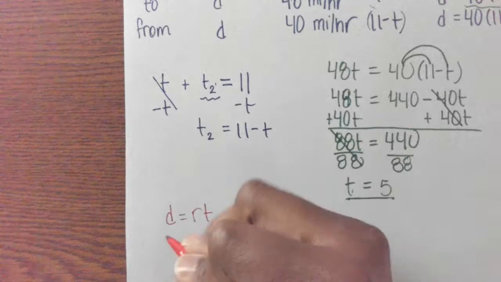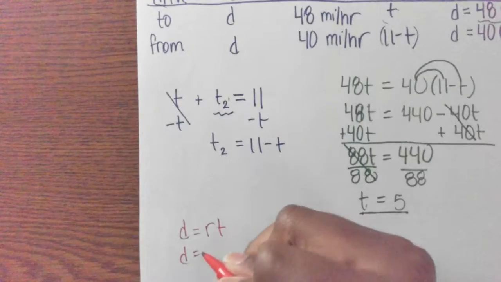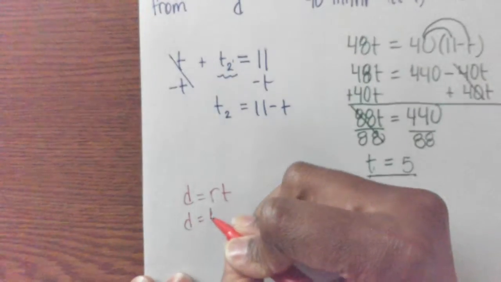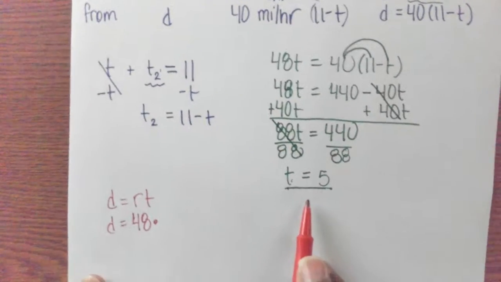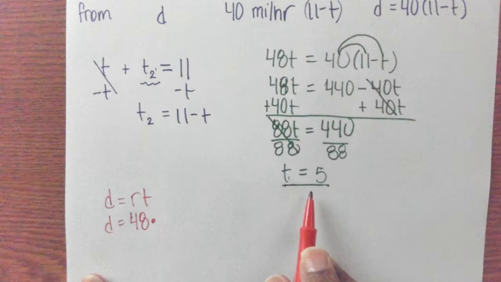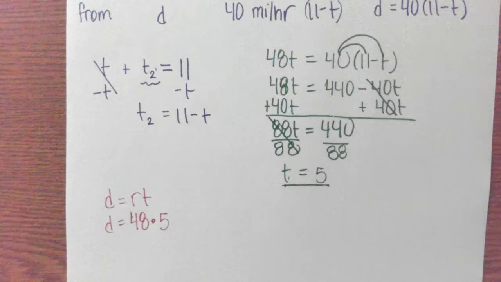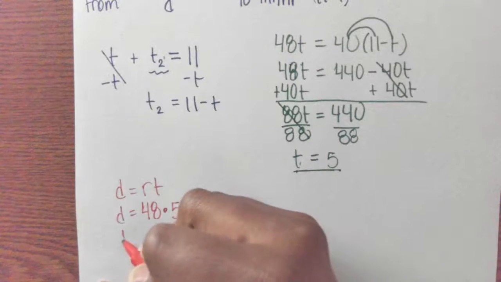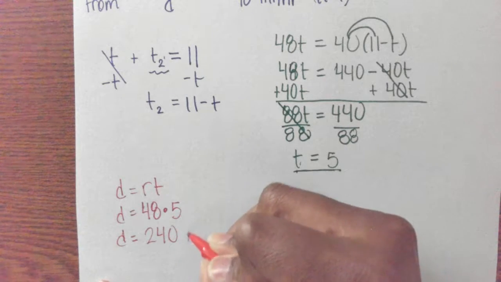So I can plug in her rate going to the mountains, 48 miles per hour, times the amount of time she spent going to the mountains, which was 5 hours. So 48 times 5 gives me the distance equal to 240 miles.